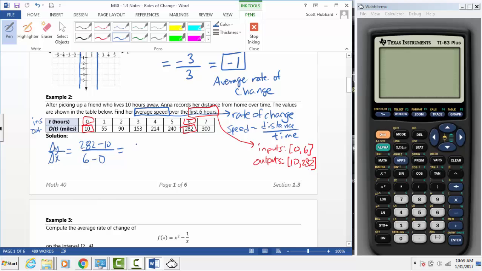And then we just do the math, so that's 272 over 6, which I don't know what that is, so I'll go to my calculator: 272 divided by 6, roughly equal to 45.33. So that was her average speed.